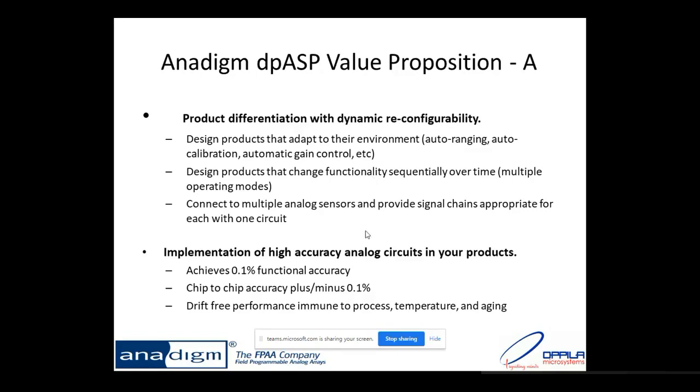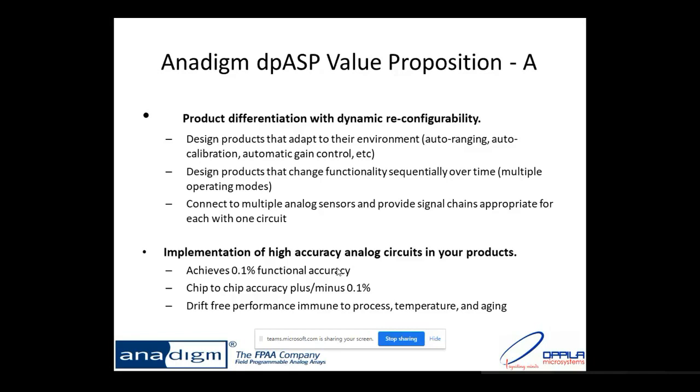And the functional accuracy of this FPAA is 0.1%, and the chip-to-chip accuracy is plus or minus 1%. What does this functional accuracy mean? When you take a single FPAA chip on this board, where you have 4 FPAAs, that is 4 ICs, the functional accuracy of that particular single FPAA is 0.1%.